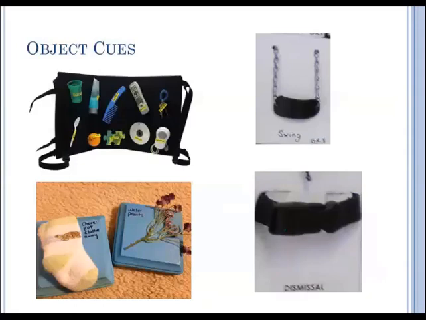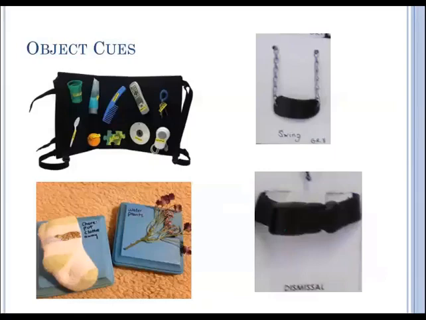Sometimes people will use miniature cars to represent going for a car ride, but again, that often doesn't reflect a student's experience of sitting in a car. So my recommendation is often to get a piece of seat belt. You've got the seat belt clasp and a little bit of belt on either side, and that much more accurately reflects something the student comes into contact with when they're sitting in the car going for a ride. So it's really important to think about those kinds of things.